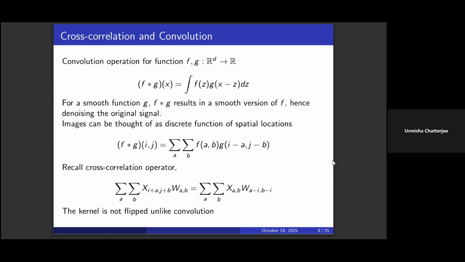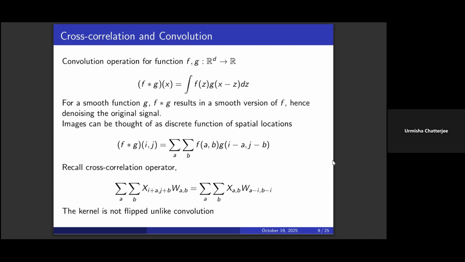To recall, convolution between two functions, say f and g, where f is some signal and g is a smooth signal, is the overlapping of f with the smooth signal, where the smooth signal is flipped. This is just to define it in words.